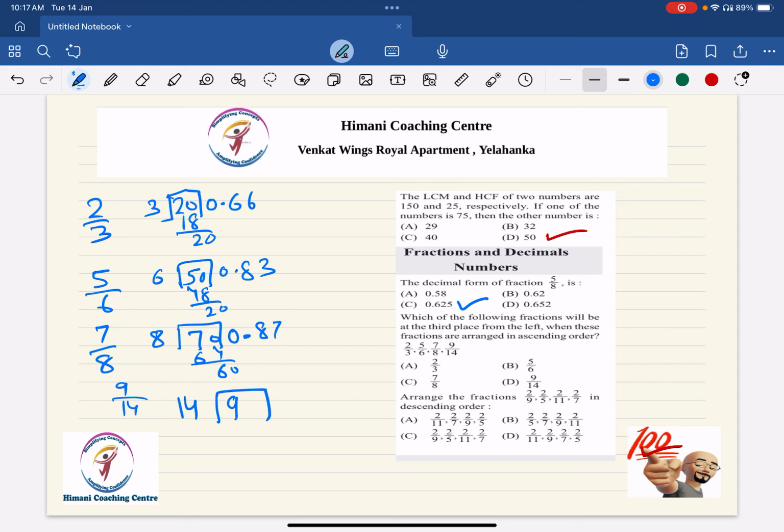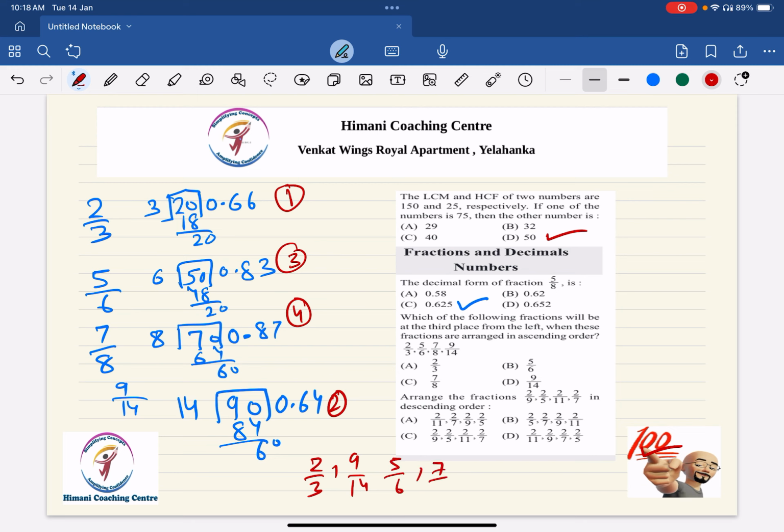Okay. Again a 0 and then decimal. Now in the table of 14, you will get 14 6s are 84. Then 10 minus 4, 6 and 14. So 0, 14 4s are 56. Now can you see which one we have to write in ascending order? So this would be the first one, then second one, then third one, then fourth one. Okay. So let us quickly write 2 by 3, 9 by 14, 5 by 6, and 7 by 8.